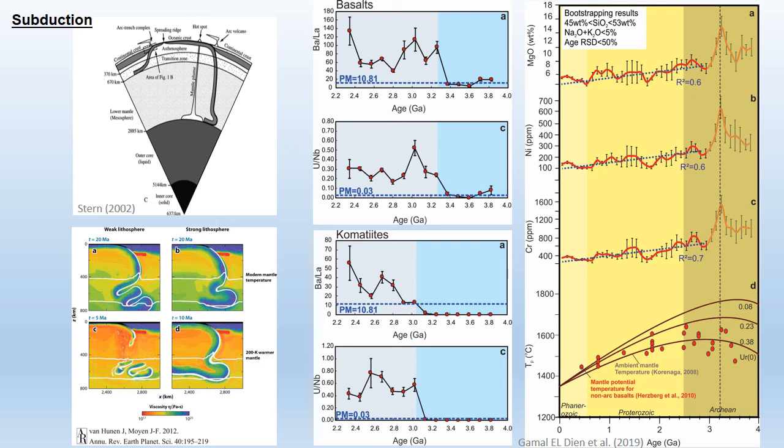We found a major drop in the melting temperature around 3.2, and this drop may also result from subduction. So we say here that the enrichment of the mantle, and exactly the lower mantle as we see from komatiites, can only be caused by subduction.